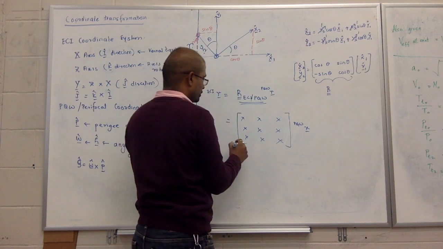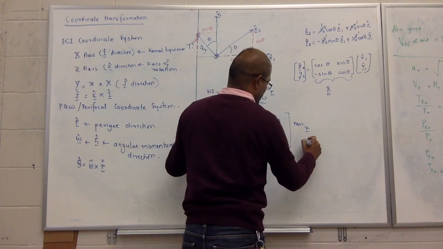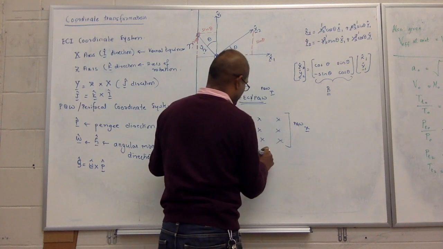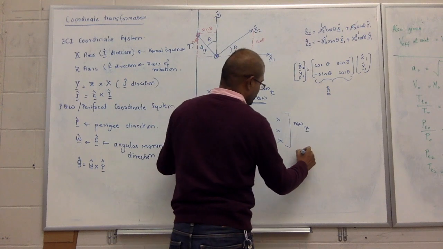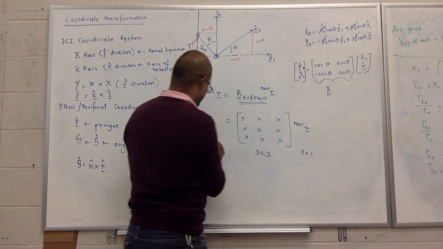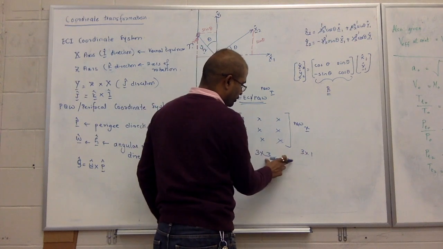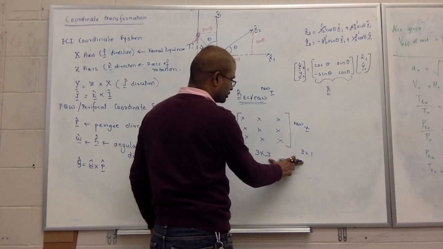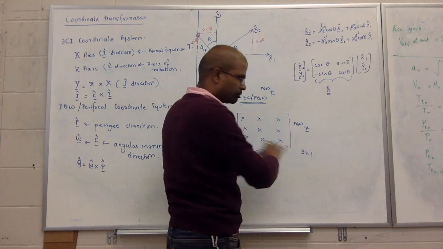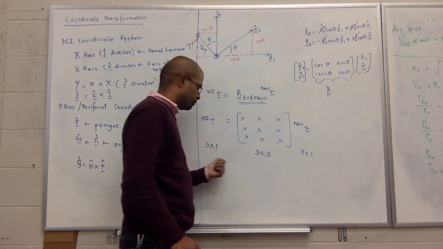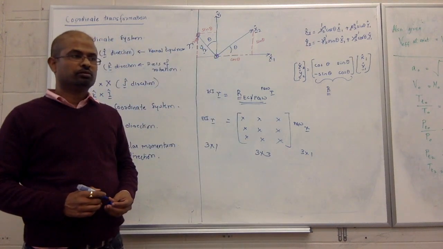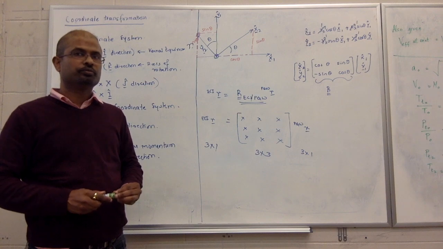This is 3 by 3, this is 3 by 1, and this will also be 3 by 1. If you multiply, the inner elements cancel off, and you get a 3 by 1. Got it?